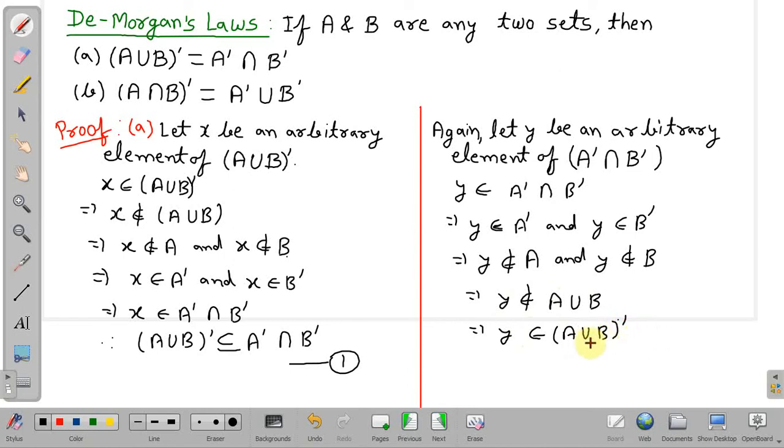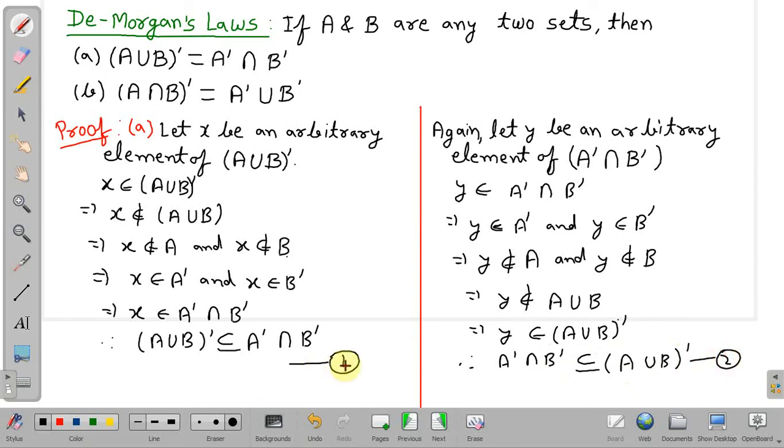Okay. Here also, if you see, we have started by assuming y as an element of A complement intersection B complement and concluded that y is also an element of (A union B) complement. So A complement intersection B complement is a subset of (A union B) complement.